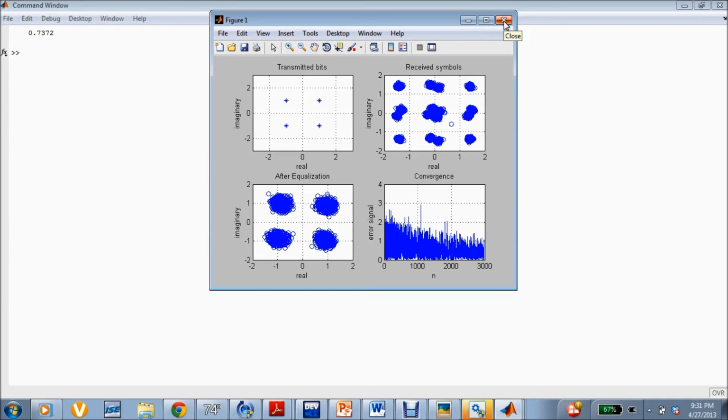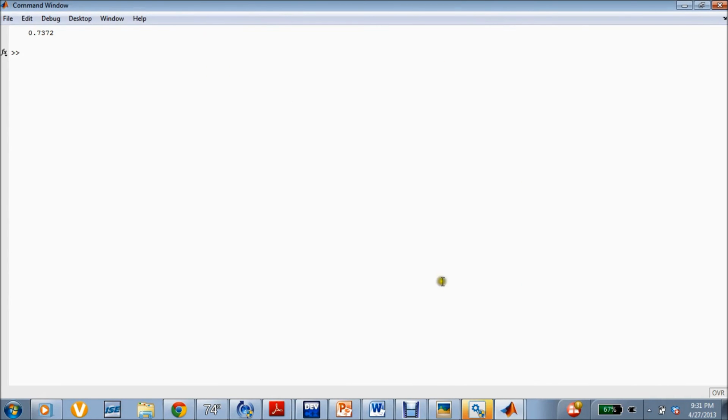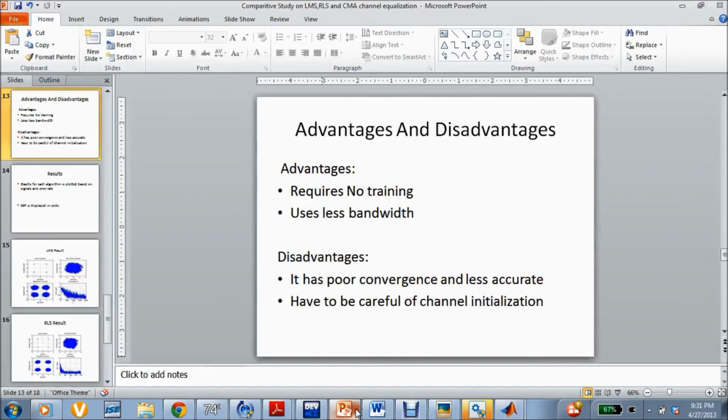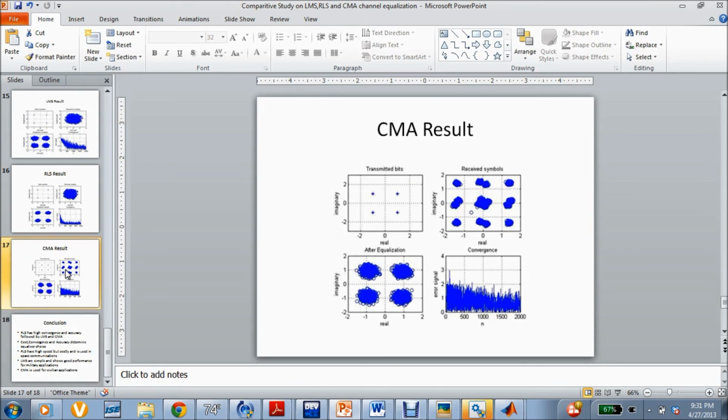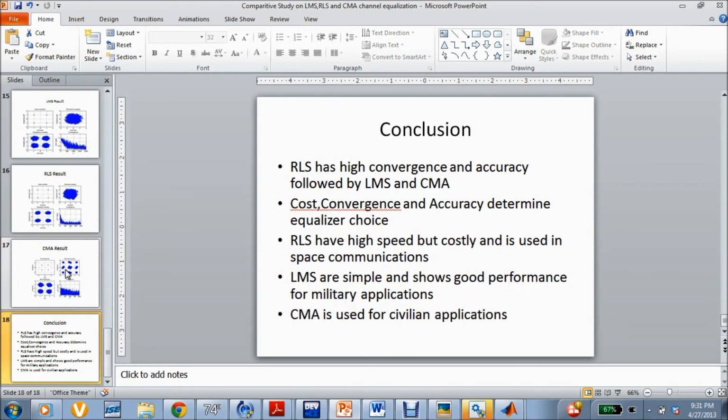Now, based on these results, I'm going to analyze the conclusions. This is the other form of the results, for the LMS, RLS, and CMA. What I have analyzed from these results is that the recursive least squares algorithm has high convergence and accuracy, followed by the LMS algorithm and CMA.